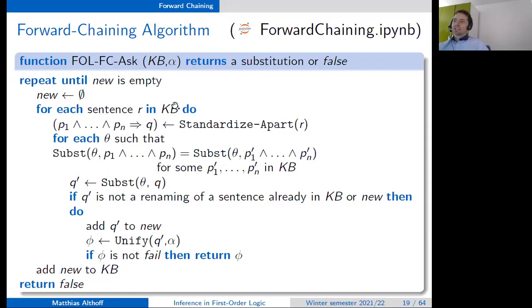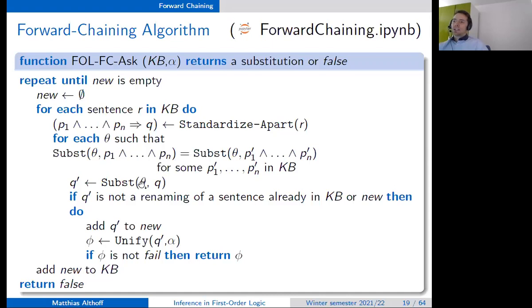For each sentence, we use this standardized apart. And then for each substitution which makes the premises needed for this implication match the facts in the knowledge base, we can use modus ponens and conclude Q.